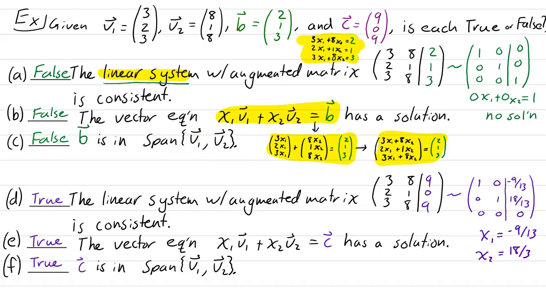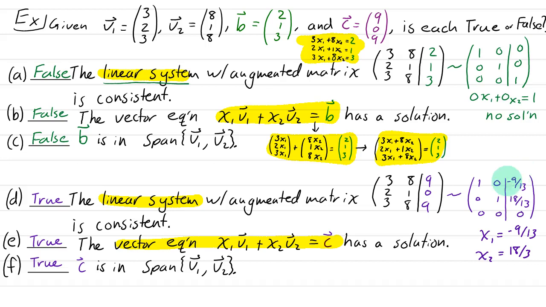Now, with the second one here, you might have figured out that these three different things are really three different ways of saying the same thing. The linear system is consistent. The vector equation is really the same thing as this linear system with the augmented matrix.